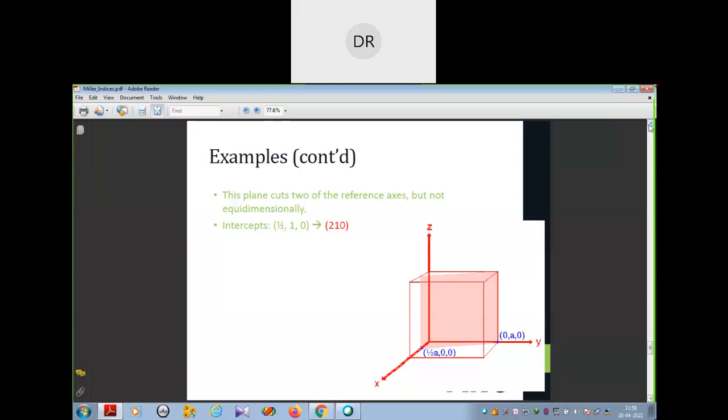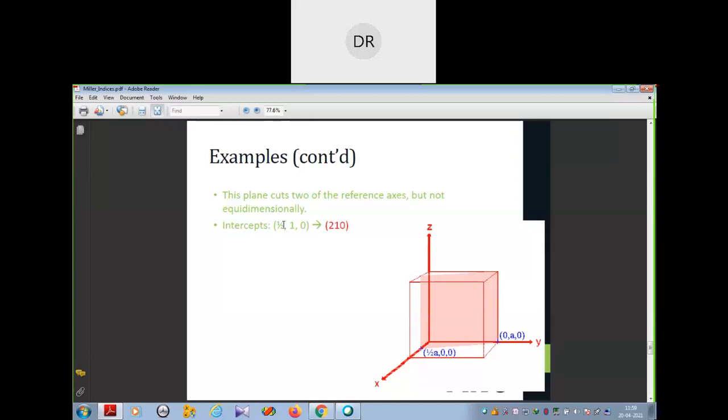You understood this one? Everybody understood? So this one, if you take the reciprocal of the intercepts, what will you get? This is 2, this is 1 and this is 0, because you see in this coordinate the intercepts are half, 1 and 0.